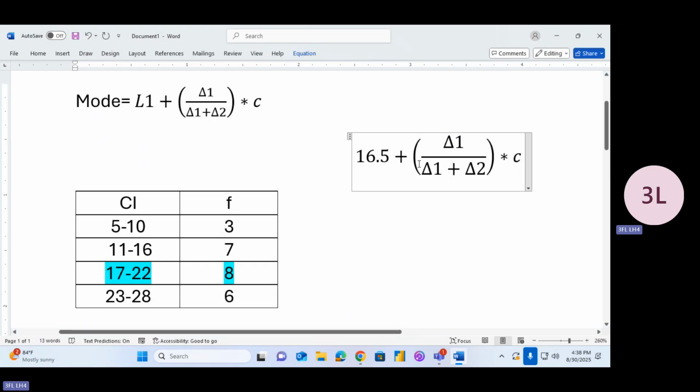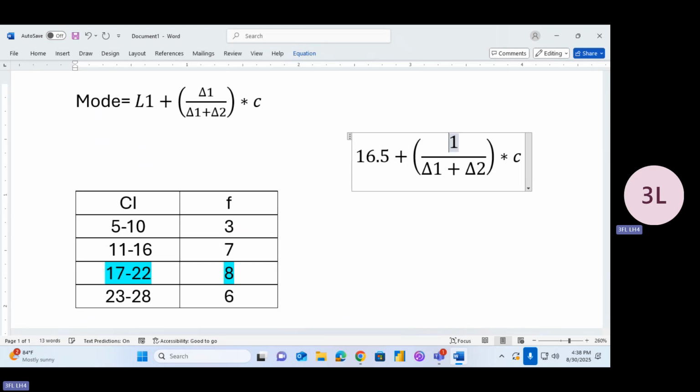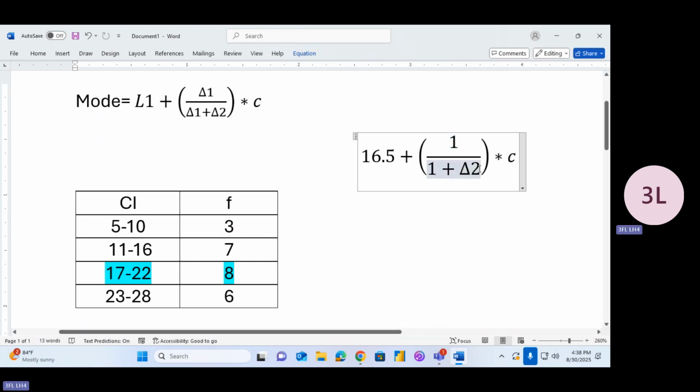Then delta 1. Delta 1 means the difference between the frequency of the modal class and the frequency of the class preceding the modal class. What is the answer? 1. Then delta 1 equals 1. Then delta 2 means the difference between the frequency of the modal class and the frequency of the succeeding class. It means the difference between 8 and 6. What is the difference?